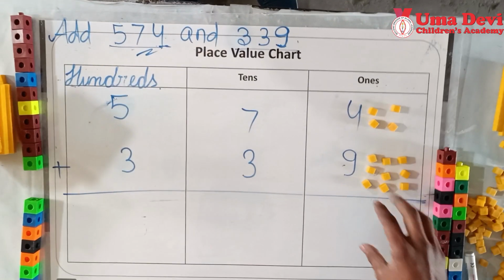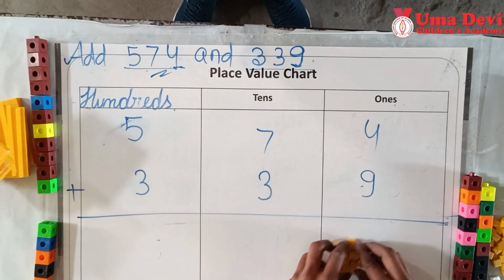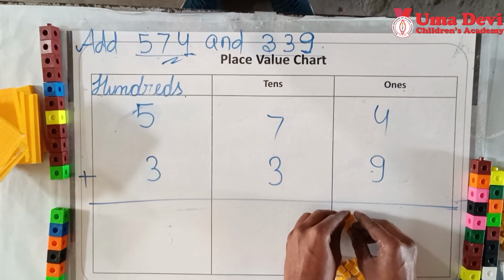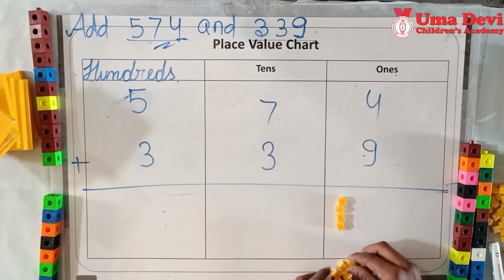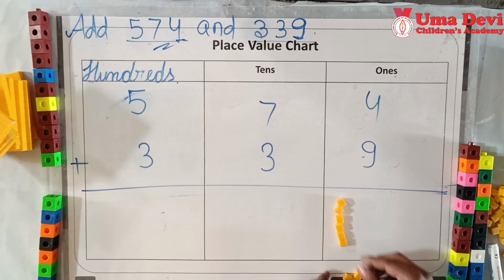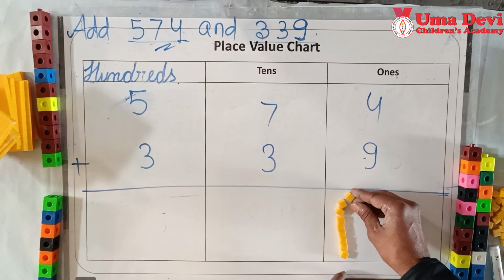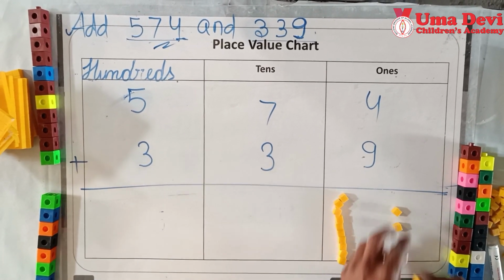As we have to add these numbers, we will put all these blocks together. So look here, count it together, means 1, 2, 3, 4, 5, 6, 7, 8, 9 and 10. This is 10, these are 3.